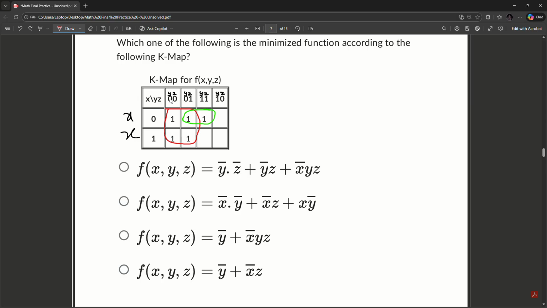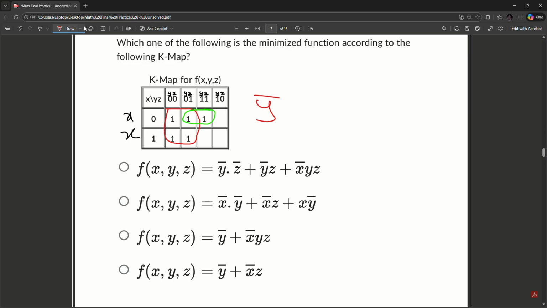So we'll go over to y. If y is 0, the answer is 1. If y is 0 again, the answer is 1. And if you look at z, if z is 0, the answer is 1. If z is 1, the answer is still 1. What that means is that regardless of the value of x or z, what it all matters down to is y. Because y is the only value that does not change, that still gives an output. And since it does it when y is 0, it is going to be y complement.